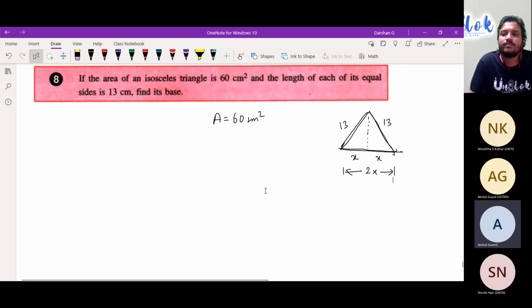Anybody who got the answer? You know the area. If this is x, how much is height? Like that also you can find.